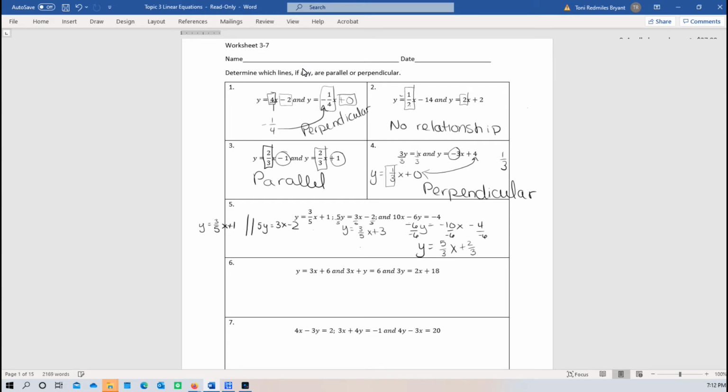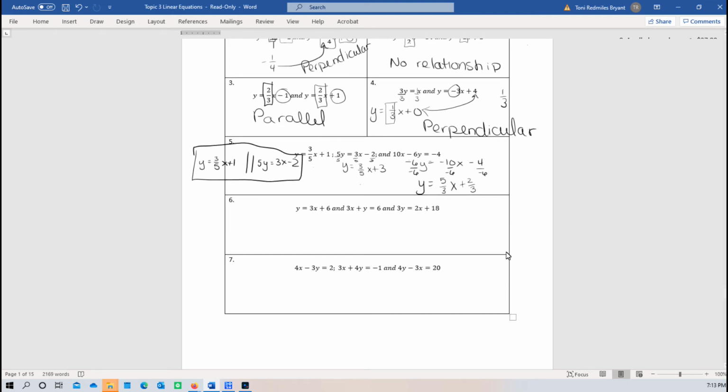Don't make the mistake of thinking that these are perpendicular to anything. These are positive slopes, so I need a negative in this one, and it's not negative, it's just the reciprocal. So it was trying to trick you. I only have a parallel relationship.